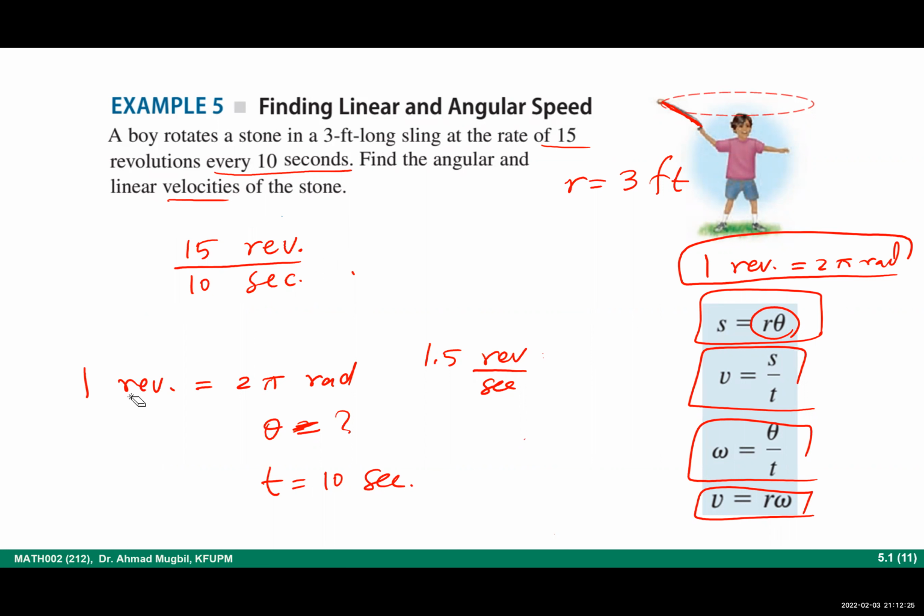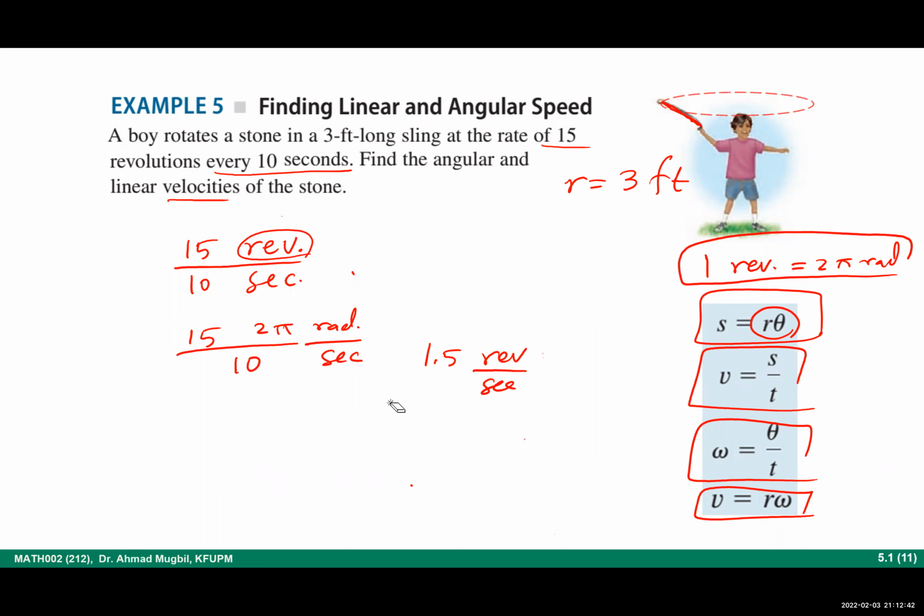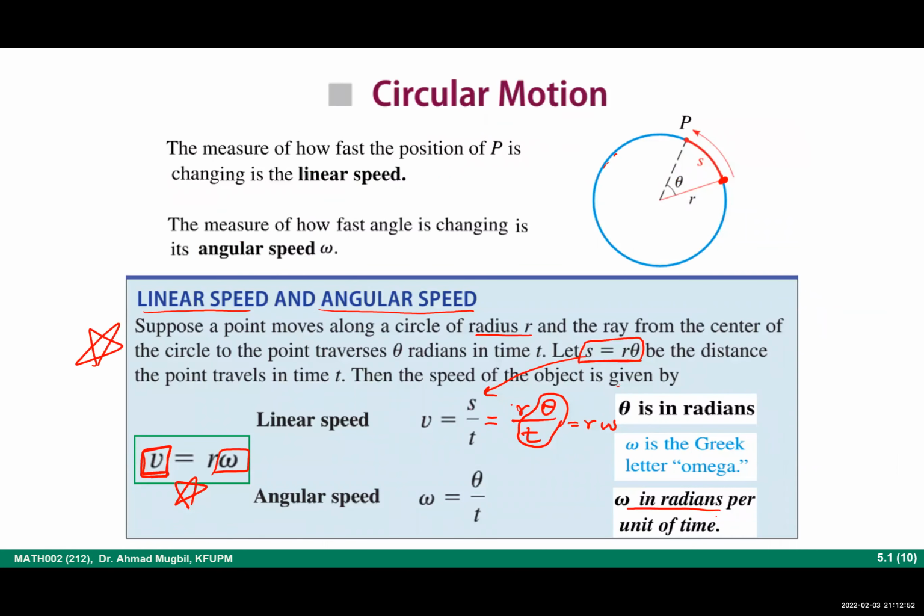So to write this in another way, it will be 15, and one revolution means 2π radians, over 10 seconds. Now this should remind you of something. What is the quantity whose unit is radian per second, radian per time?